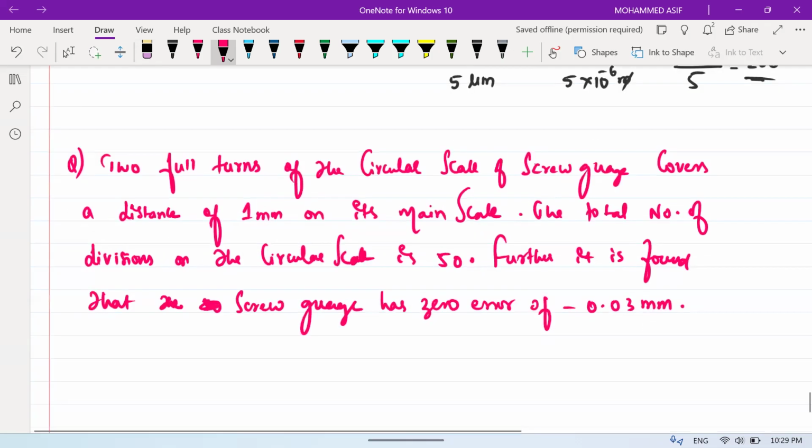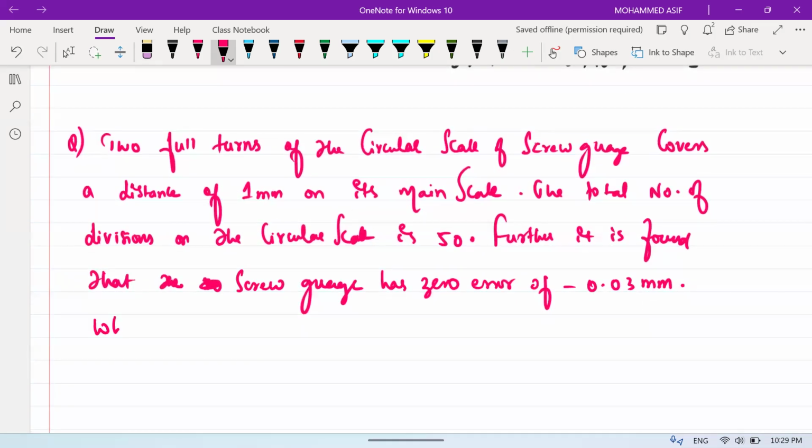Okay. While measuring the diameter of a thin wire. Clear?